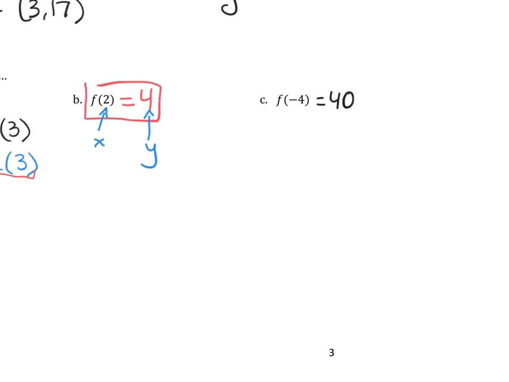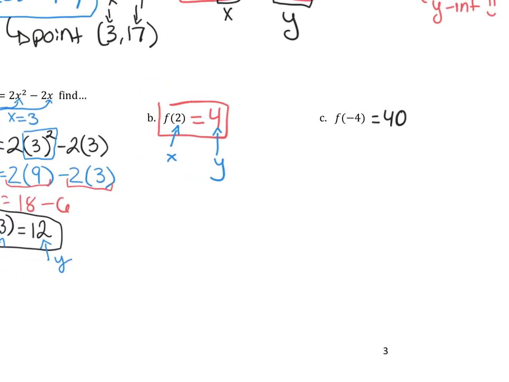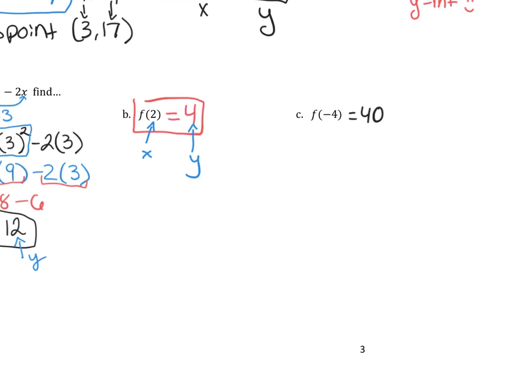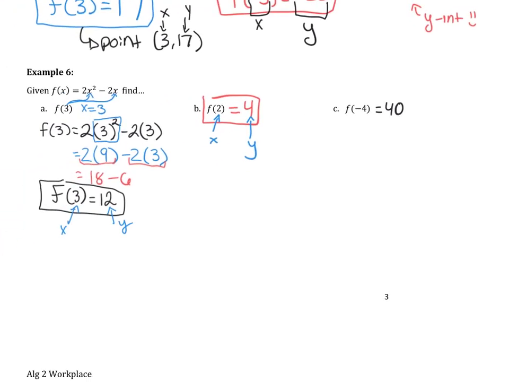40? Do we agree? That one wasn't as loud and convincing as letter B. Would you like me to go over it? I'll just do it because I like math. Okay. So 2, and then in parentheses, negative 4, close the parentheses squared, minus 2, then negative 4 in parentheses. We do our exponent first.